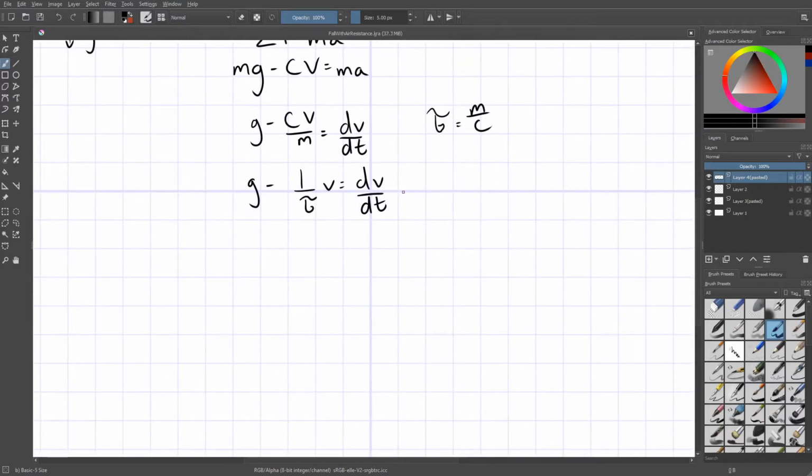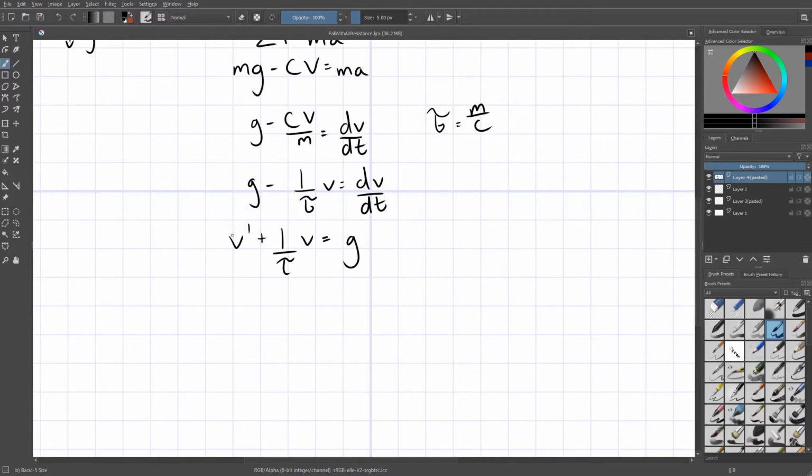Now, we refer to this as a linear ODE because we have, well, how about I'll just write it in an easier form to see. Instead of dv over dt, I'm going to write v prime, and then I'm going to move this term over to the right: v prime plus 1 over tau times v equals g.